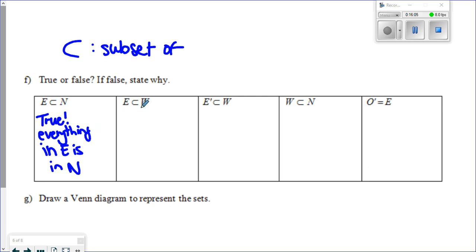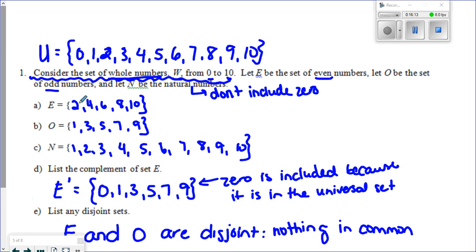Sorry, I realized before, let's go back a page. I called this universal set, and right here I called it U, but it should just be W. That looks like a weird shape. But the set of whole numbers, W, is the same as our universal set.